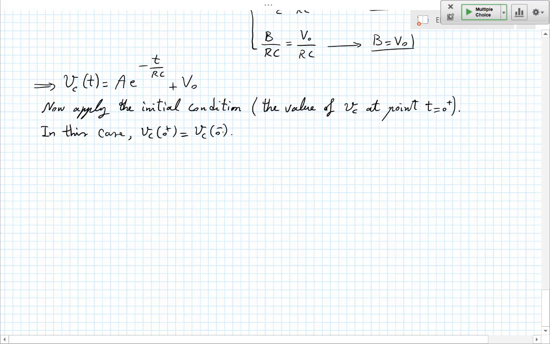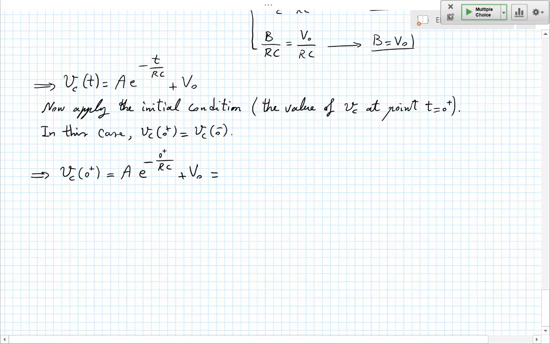So let's apply the condition. If I put Vc of 0 plus, let me put it like this first: A e to the minus t, well, I replace t by 0 plus, which is still 0 as far as calculating the exponential is concerned, plus V naught.